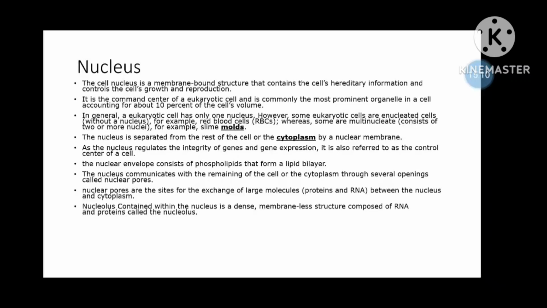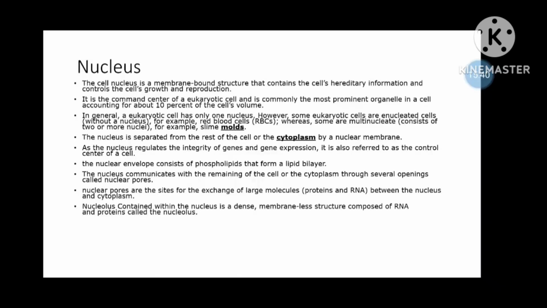The nuclear membrane separates the genetic material from the cytoplasm. It is the command center of the eukaryotic cell and is commonly the most prominent organelle in the cell, and it accounts for about 10% of the cell volume. Means it covers 10% of the total cell volume.